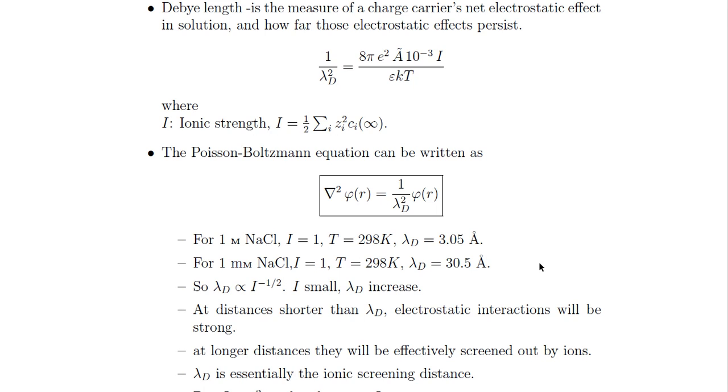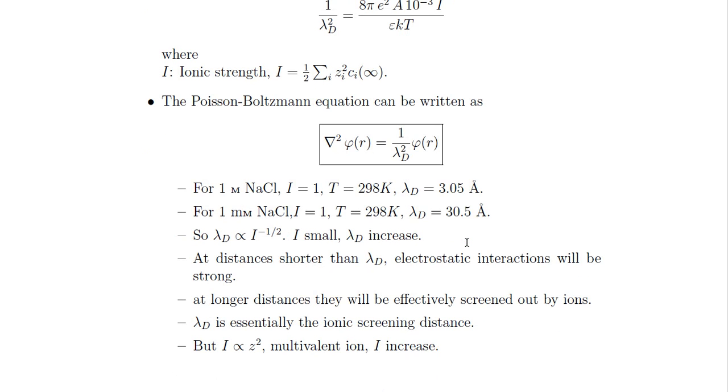Okay, so what we can say is that lambda D is proportional to 1 over square root of I. When I is small, the Debye length increases. Small ionic strength, so the Debye length increases.